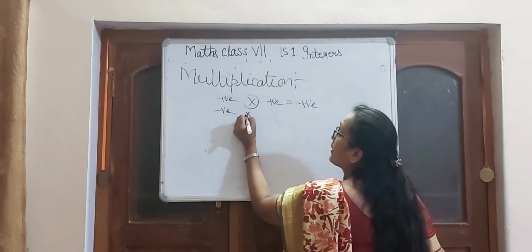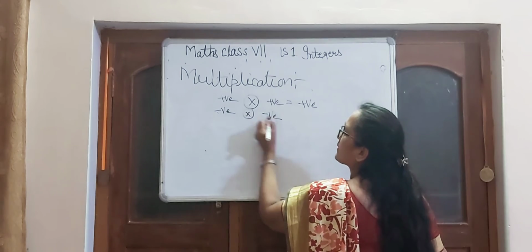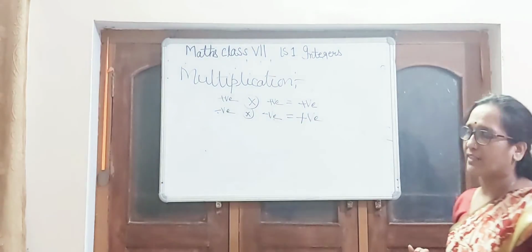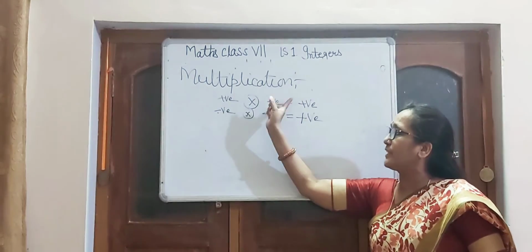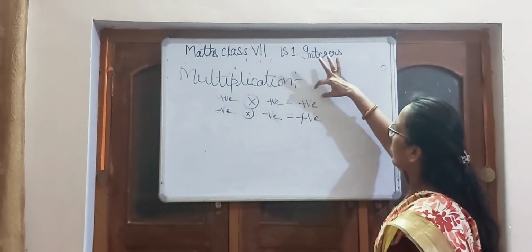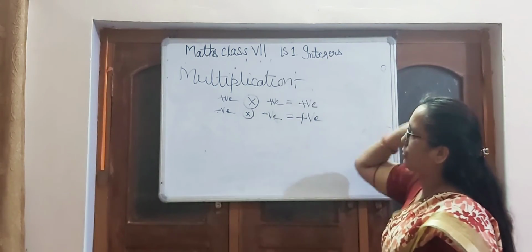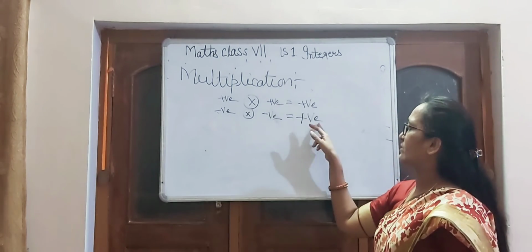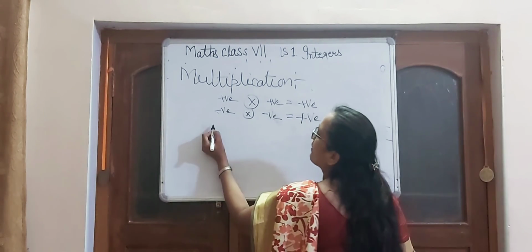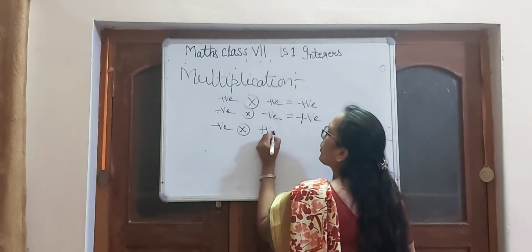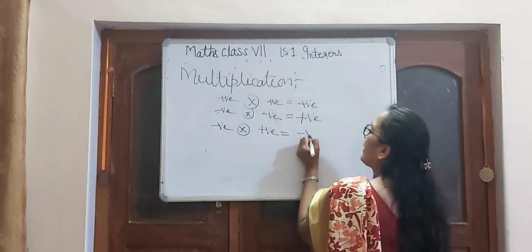Multiplying two negative integers, minus into minus, you will always get the plus sign. So when two negative integers are multiplied, their answer is always positive. And when we multiply one negative by one positive, you will always get negative.